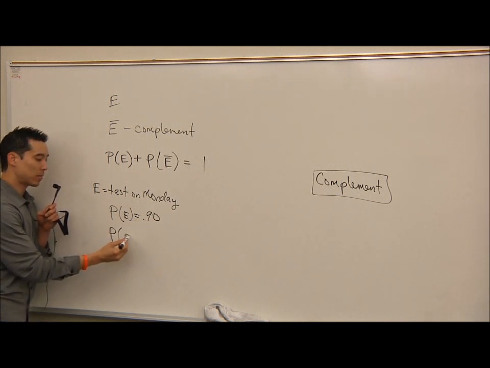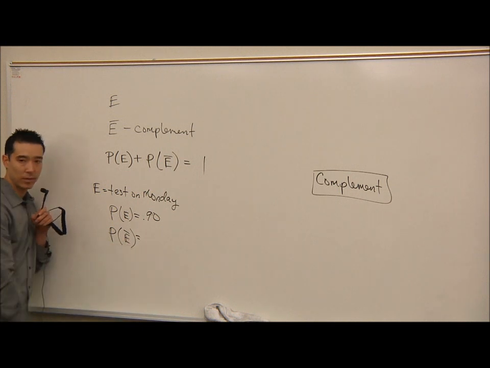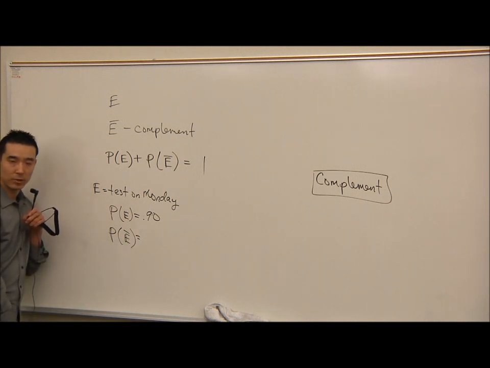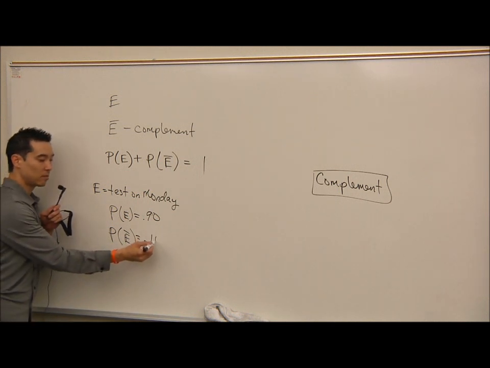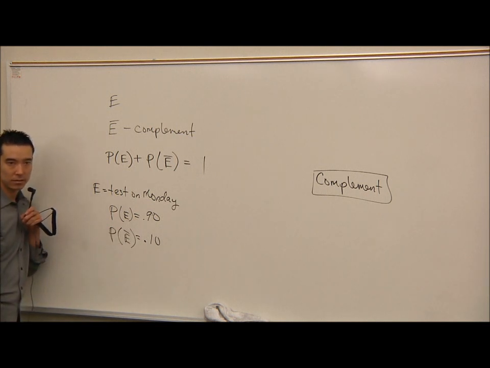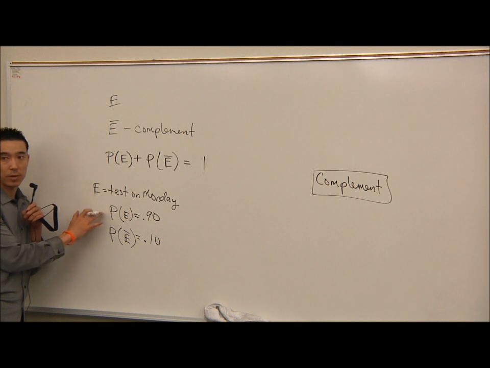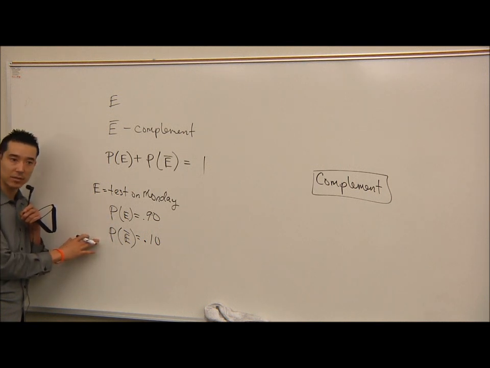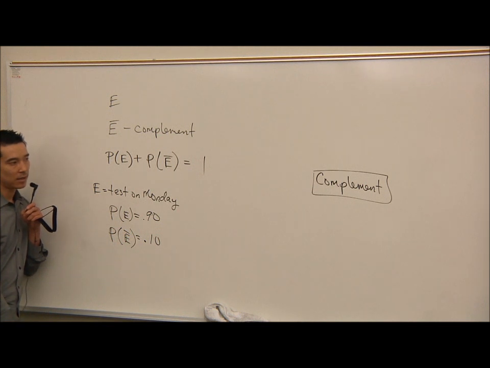Then, what's the probability you don't have a test on Monday? 0.10. Does everybody see that? Because this has to add up to 100%. Okay? So the probability of having a test is 90%, then the probability of not having a test is 10%, because it has to add up to 100%. Okay? That is our relationship with the complement.